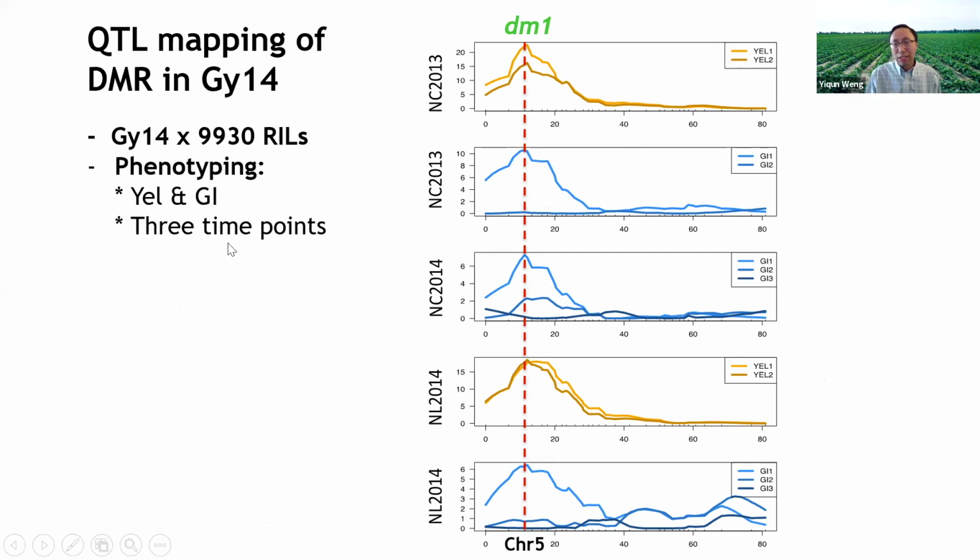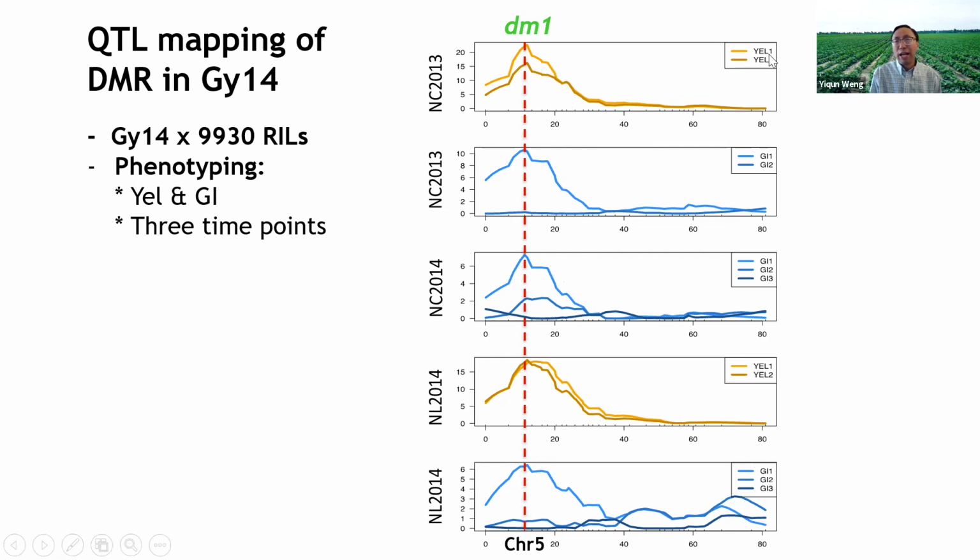We scored at different time points in multiple environments. You can see that in all the experiments, we detected a single QTL, which was located on chromosome 5, consistent with the previous study. So that's the DM1 we have known for a while.